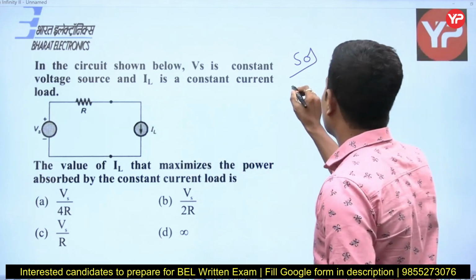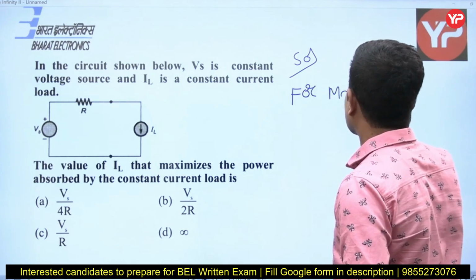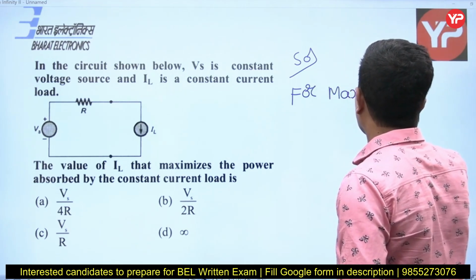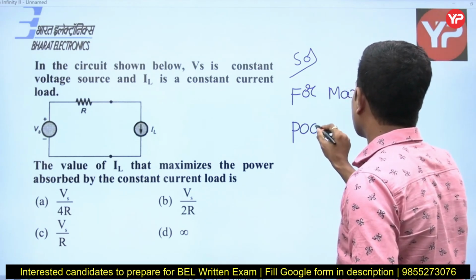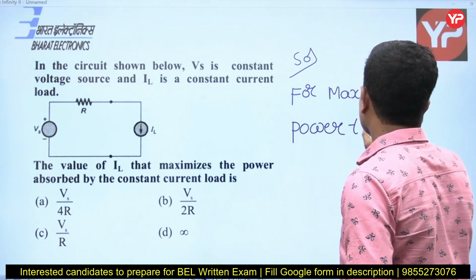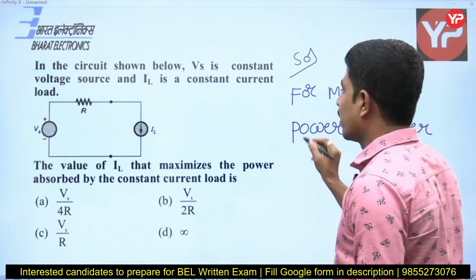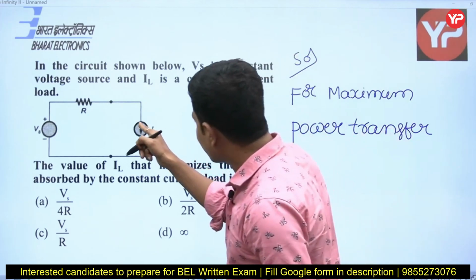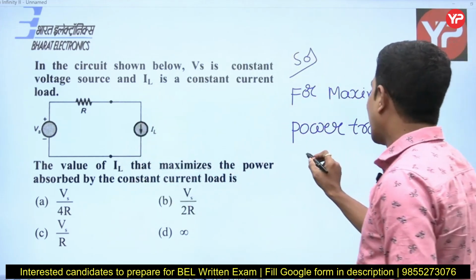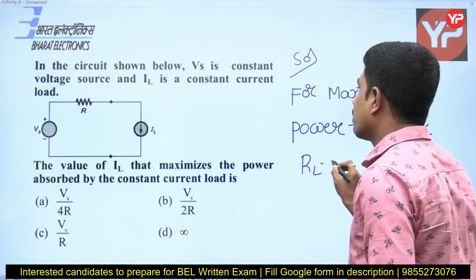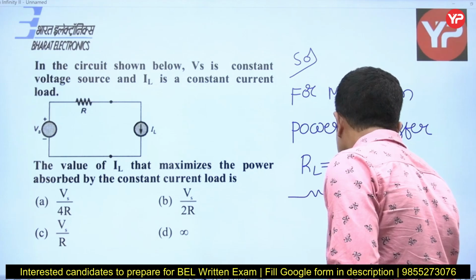See, for maximum power transfer, imagine load impedance is RL. In place of IL you keep RL. RL must be equal to R. If that is the case, this is the resultant circuit.